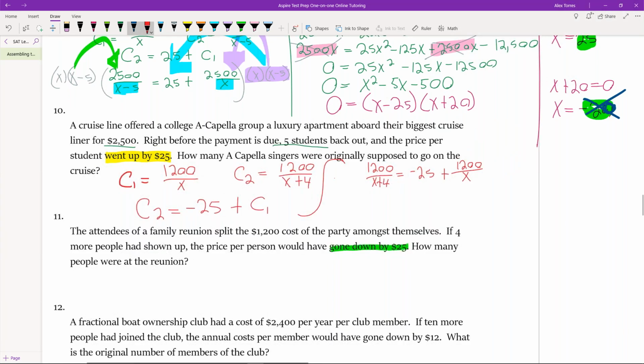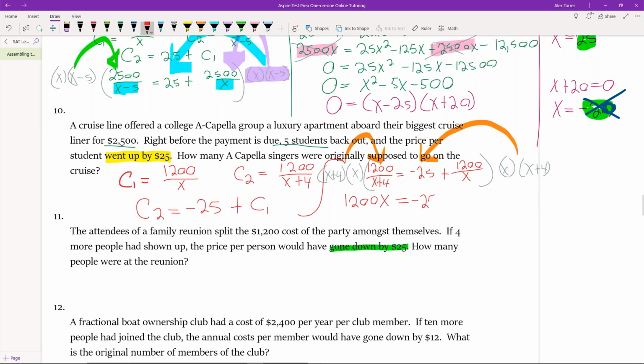And as we said, in rational equations, you're going to want to multiply by the exact denominators you don't want, which are x and x plus 4. So when you distribute into here, the x plus 4s are canceling, leaving you with only 1,200 and x. And when you distribute into here, nothing cancels.